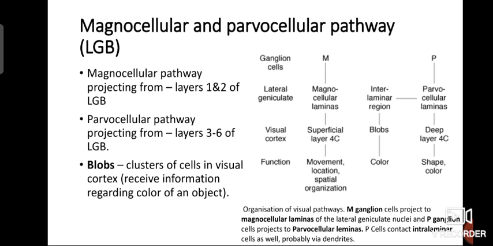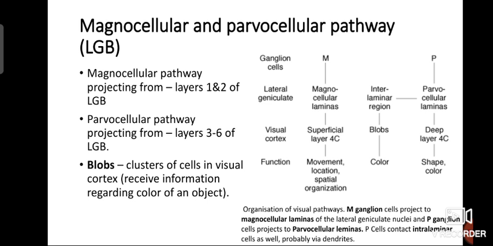So this is the organization. In this flowchart, the ganglion cells are of two types, M and P ganglion cells. The M ganglion cells project to the magnocellular lamina of the lateral geniculate body, and then project to the superficial layer of the visual cortex. Their function is movement, location, and spatial organization.